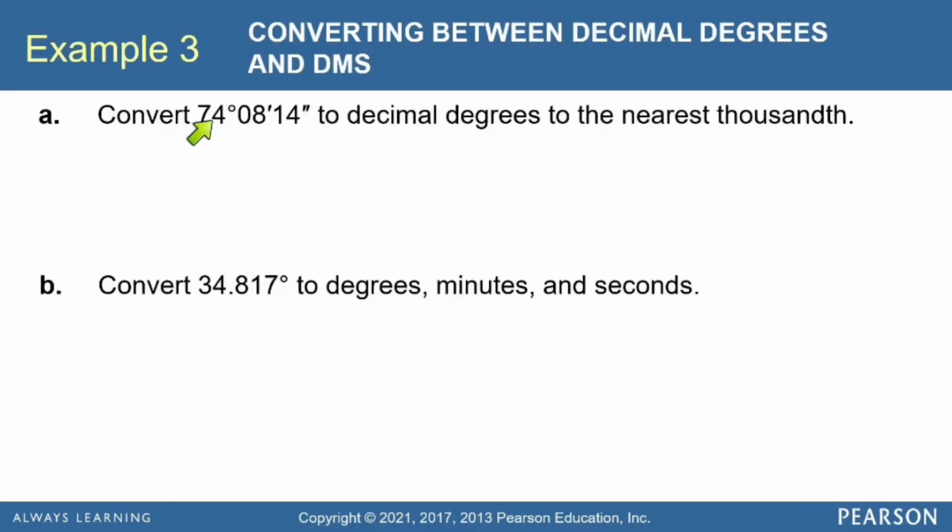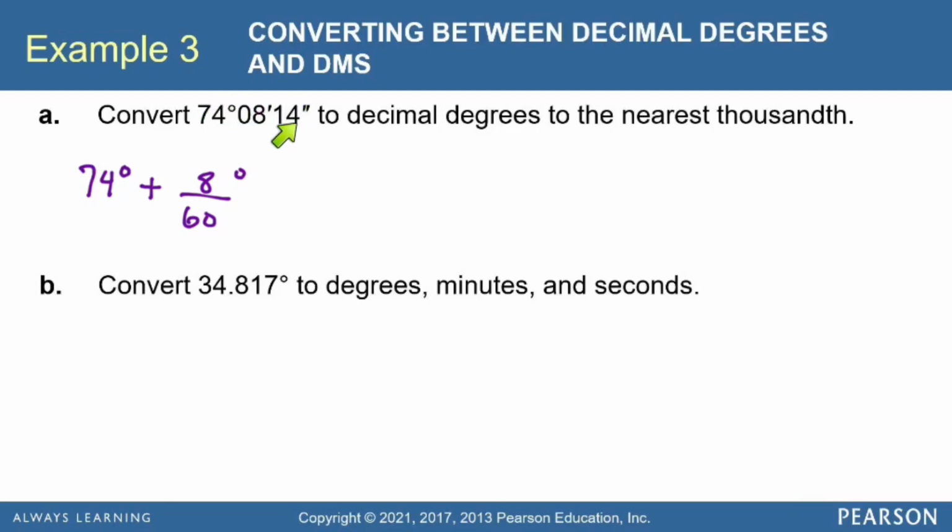We've already got these 74 degrees here, so let's go ahead and write down 74 degrees. Now these 8 minutes represent 8/60ths of a degree, because we know that there are 60 minutes in a degree. So each minute is a 60th of a degree. So these 8 minutes are 8/60ths of a degree. And then for the 14 seconds, we just remember that there are 3,600 seconds in every degree.